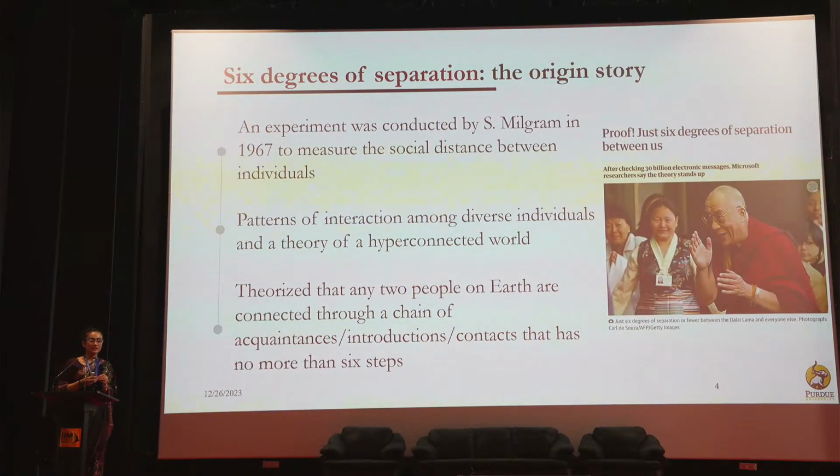So he passed out small envelopes, and he said that you cannot directly post to this other person. You can only send this envelope to someone you know, right? And he wanted to see, does this envelope eventually reach the intended person?